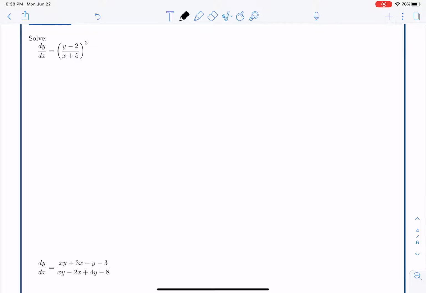So if you look at a problem like the one that we have here, do not try to FOIL, expand, or any of those. Rather think of it this way. We could write the right hand side with a bit of algebra. Now I am going to divide by y minus 2 whole cubed on both sides.